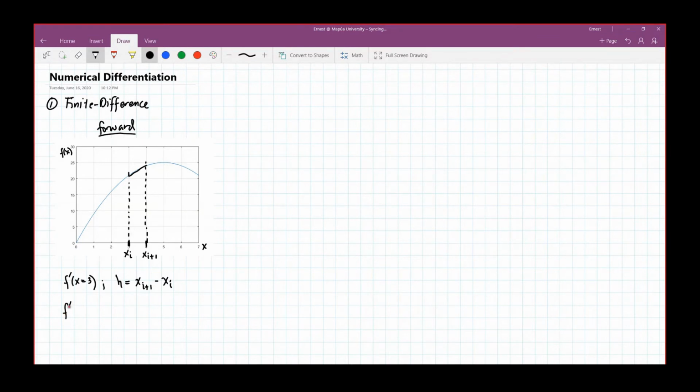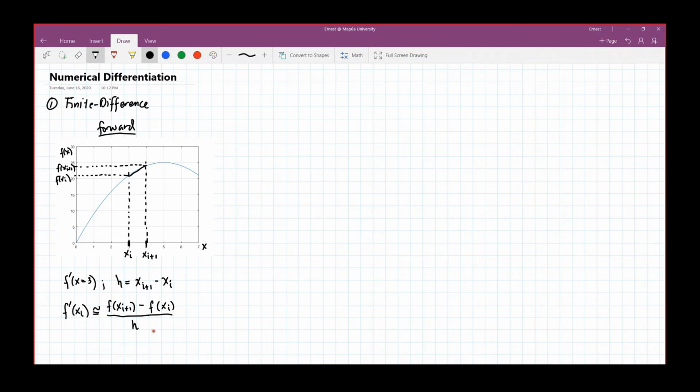So the derivative at xi for forward difference is approximately equal to the value of your function at xi plus 1, f of xi plus 1, minus the value of your function at xi, divided by h.